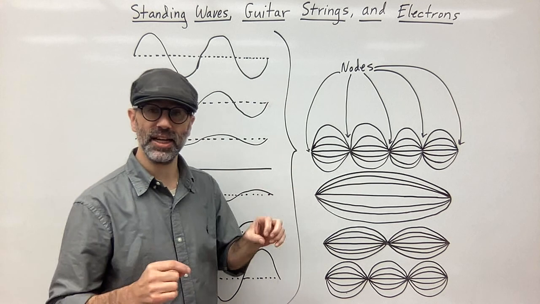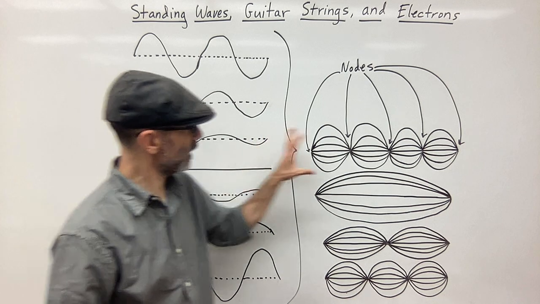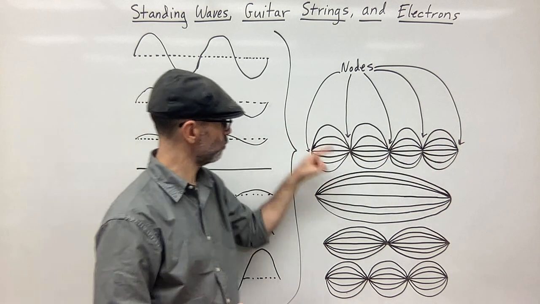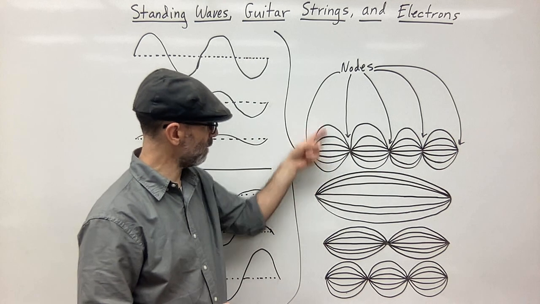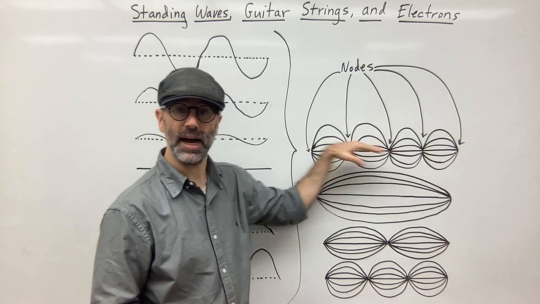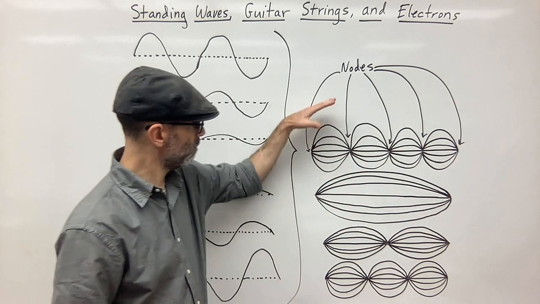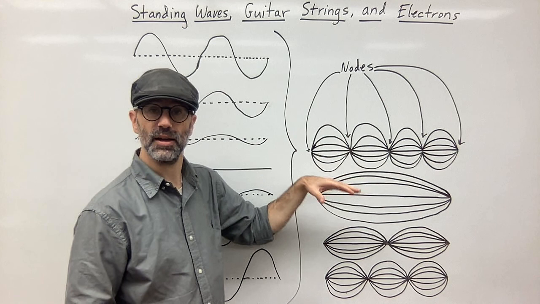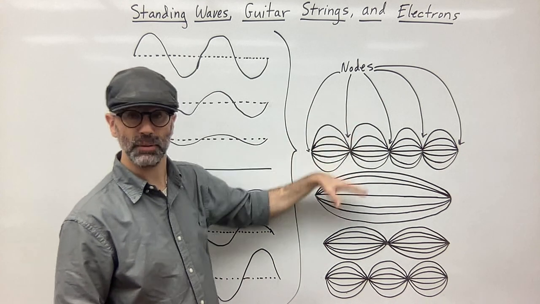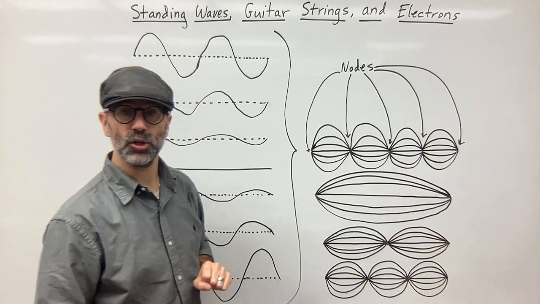If you've ever seen a string that's moving really fast, and it's a standing wave, it'll look something like this, with the string vibrating here. It looks blurry here, and then you've got this going on. So this is what it looks like when the guitar string is plucked and vibrating up and down really fast.